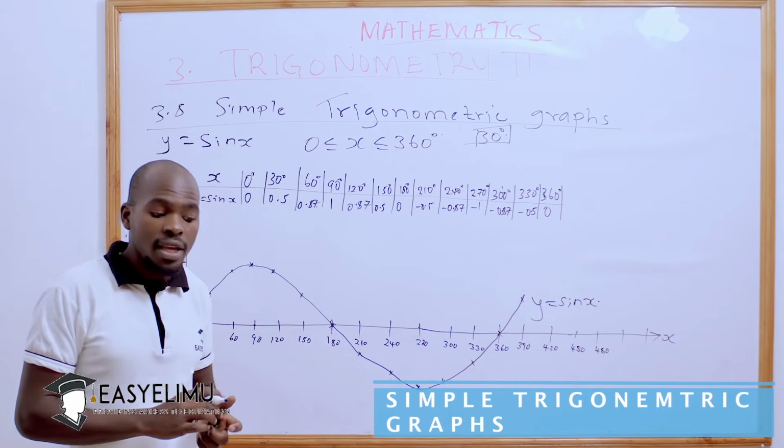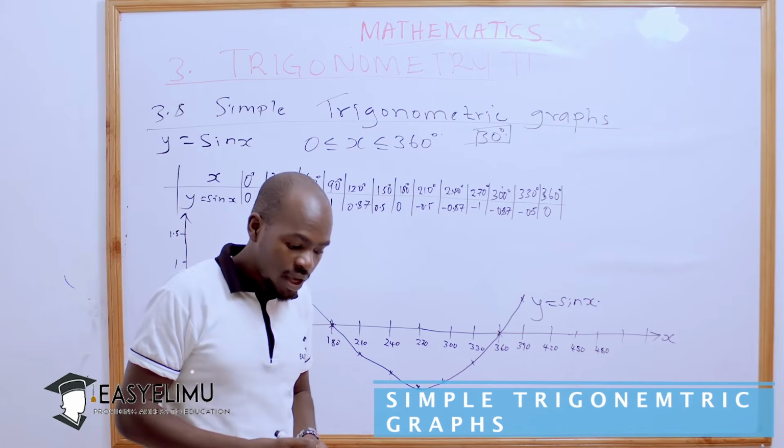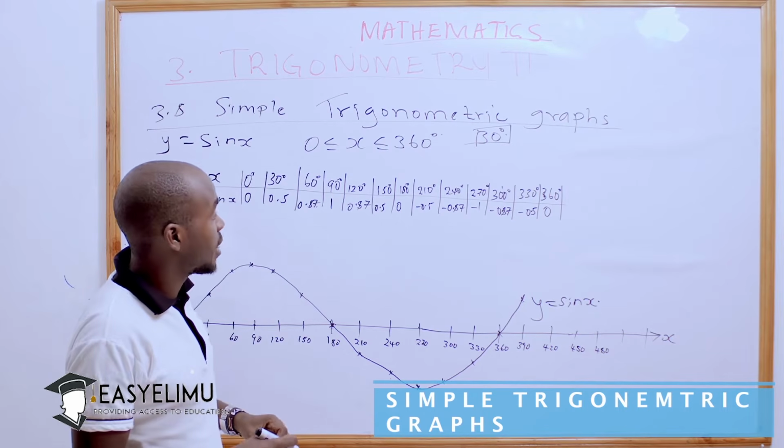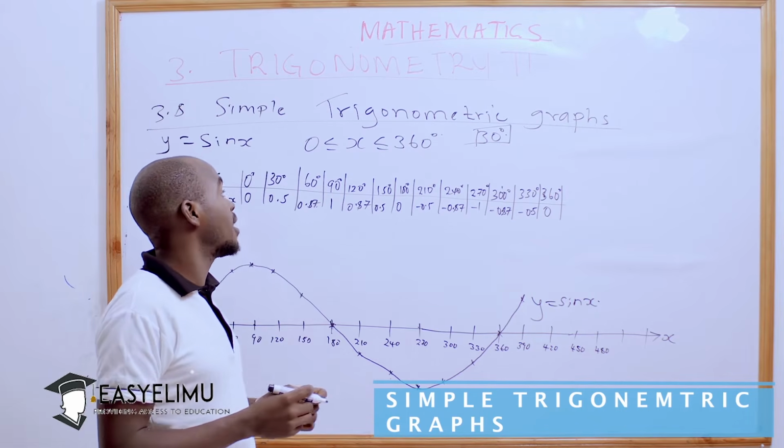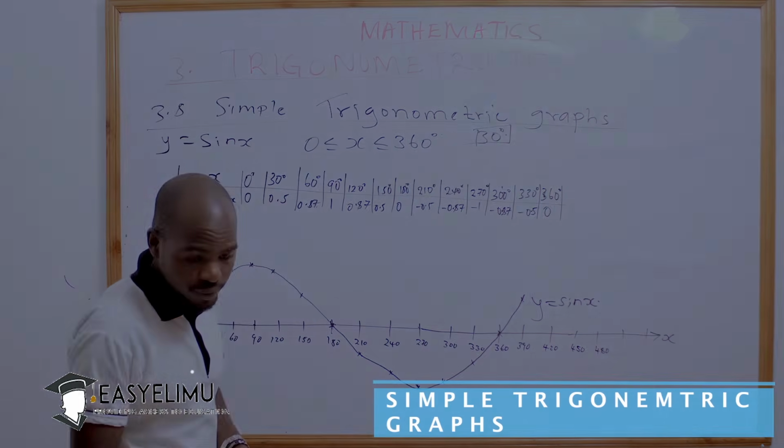So we shall see another relationship for a graph of cos x, with an interval of 30 degrees, and the range remains the same.